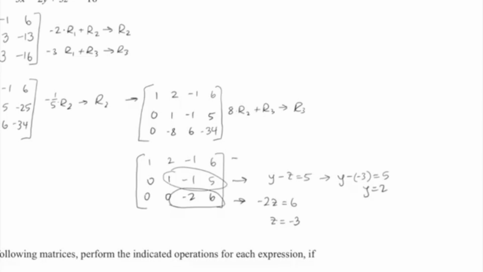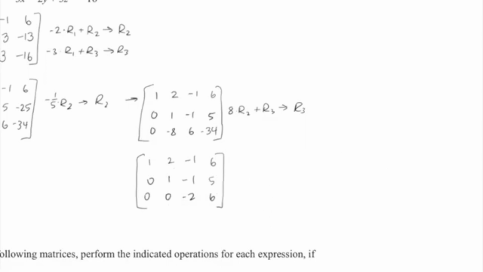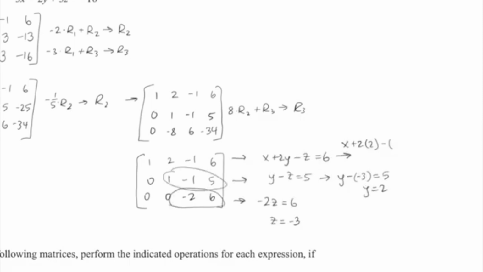And now that top row is the equation x plus 2y minus z equals 6, which we can turn into x plus 2 times y minus z equals 6. So this is 4 plus 3, that's 7.